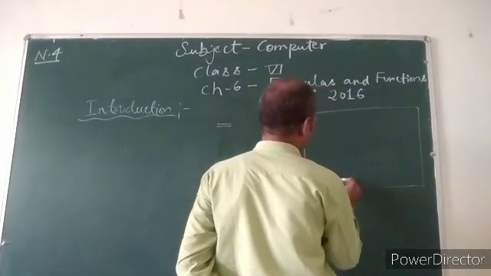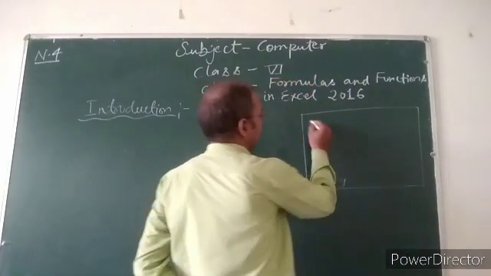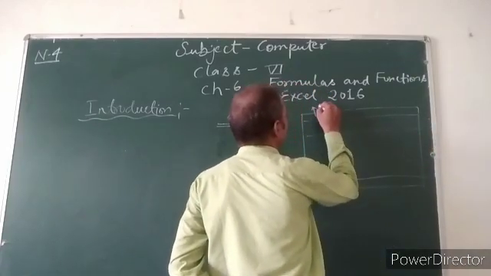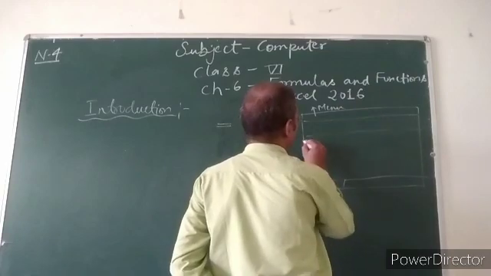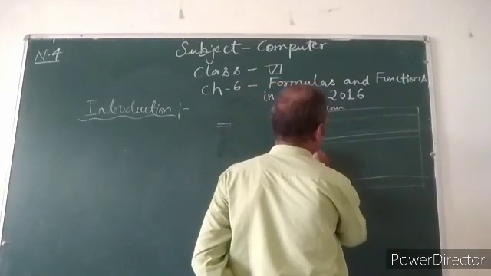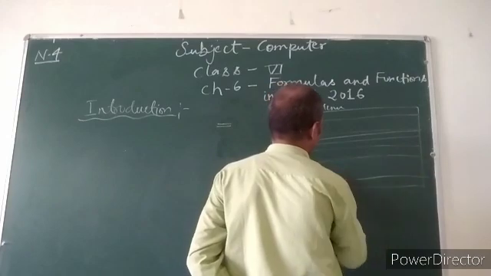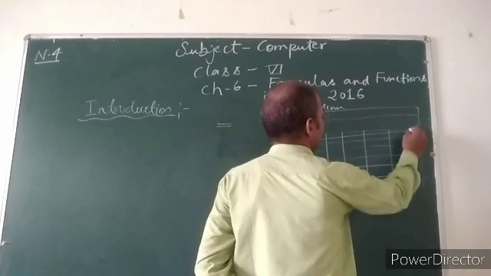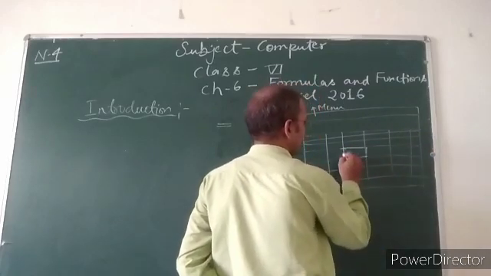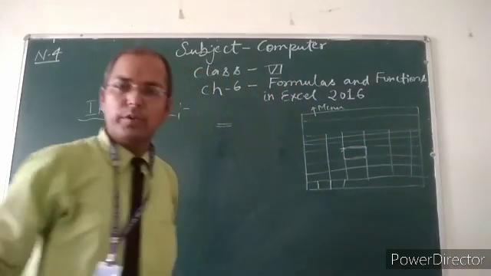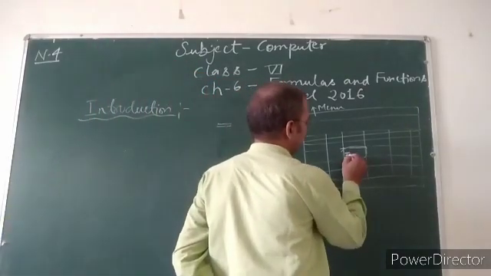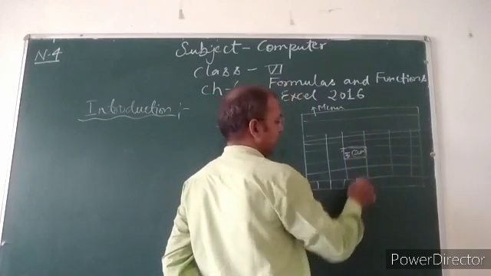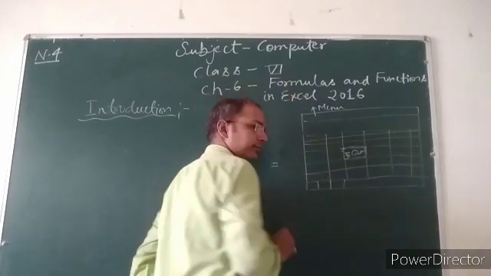An Excel sheet has sheet 1, sheet 2, sheet 3. Suppose there is a cell. You write the formula, then you start from this sign, sum, but write the equal sign first.